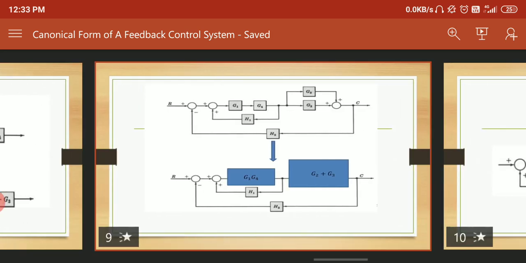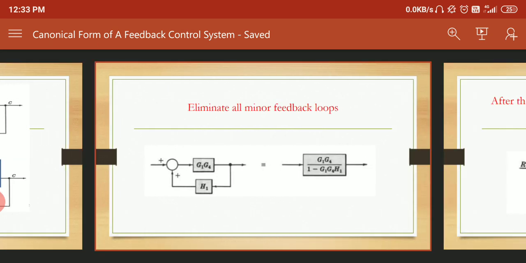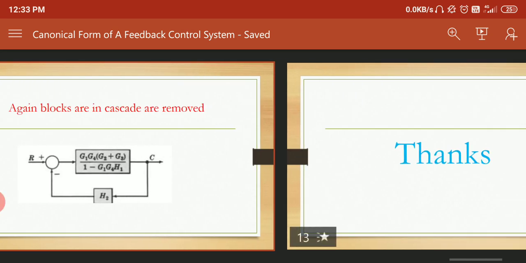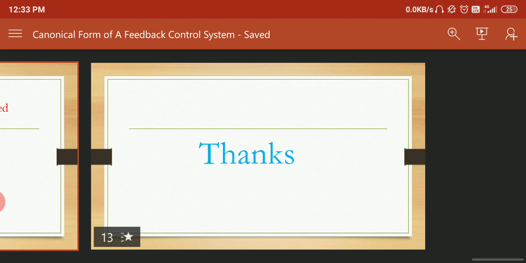In this way the canonical form works in a control system. Thank you all.